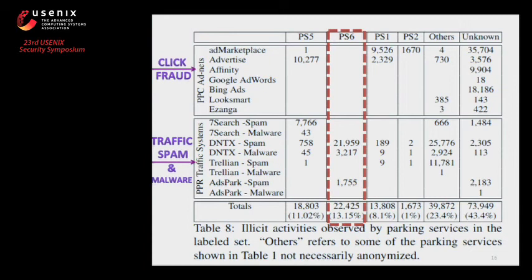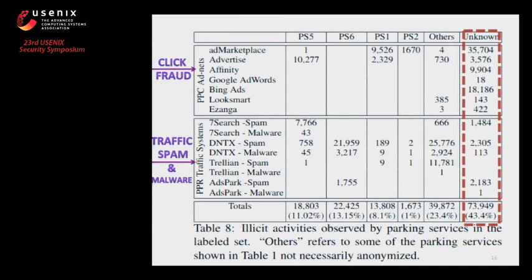Even though you can see in the click fraud section it's completely empty, they are aggressively doing traffic spam, but through the traffic system. This parking service and the traffic system, the DNTX, are actually owned by the same parent company. So they're laundering the traffic through a traffic system, and then through the traffic system, they're doing fraudulent clicks.